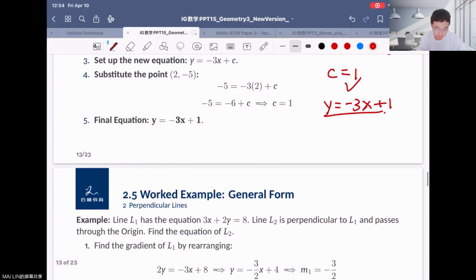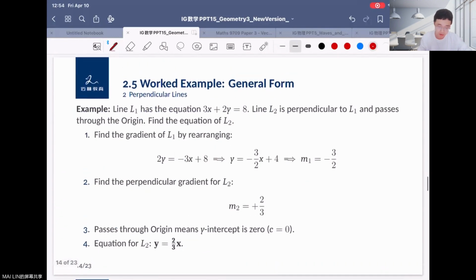Another example, we can use the general form to find another perpendicular line. Here line L1 is perpendicular to line L2, and L1's formula is 3x plus 2y equals 8.